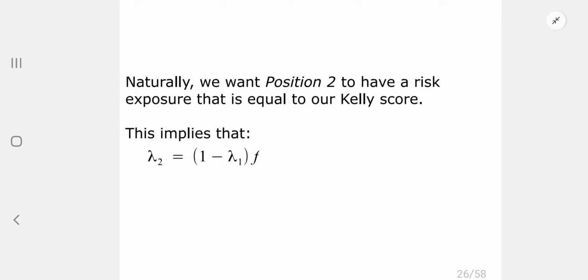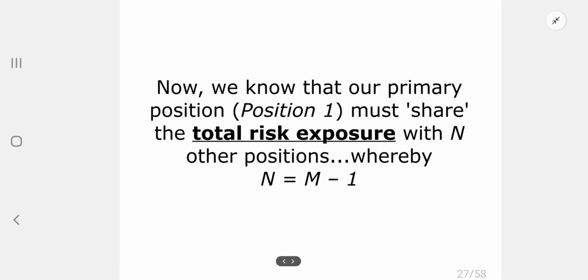Naturally, we want position 2 to have a risk exposure that is equal to our Kelly score. This implies that lambda 2 equals (1 minus lambda 1) times small f. Now, we know that our primary position, position 1, must share the total risk exposure with n other positions, whereby n equals M minus 1.